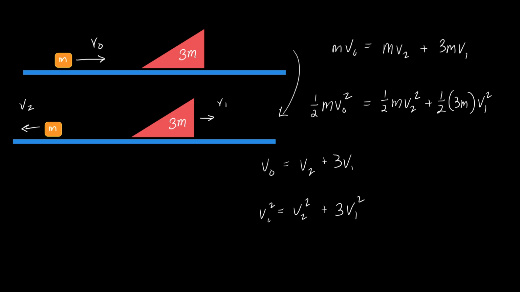The initial conditions are one of the sets of answers: the original velocity of the block was v naught, and the original velocity of the wedge is 0. So although there are two answers for v1 and two answers for v2, one of the answers for v2 is v0, and one of the answers for v1 is 0.